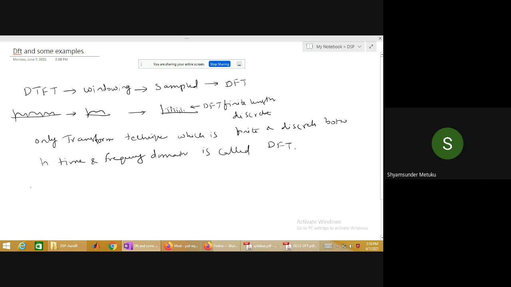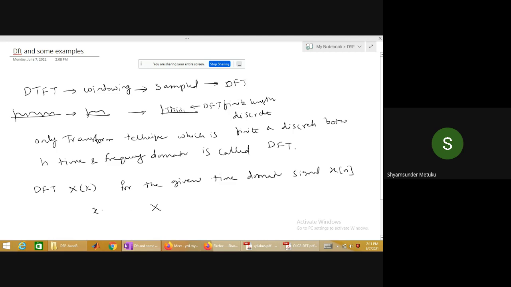So the first equation you should remember, the DFT equation, given by symbolic representation as capital X of k for the given time domain signal X of n. Okay, try to understand. Symbolically, it will represent something like this.